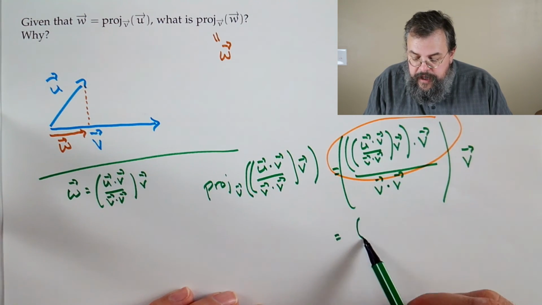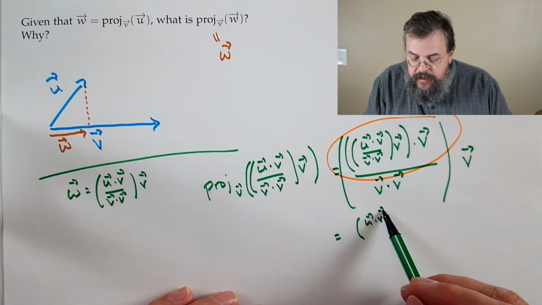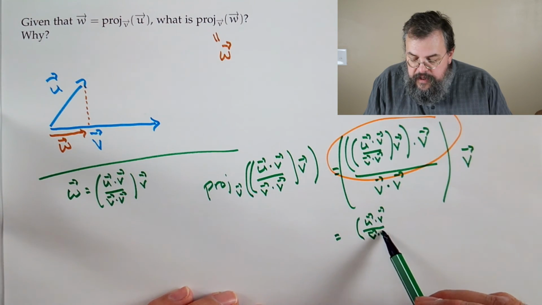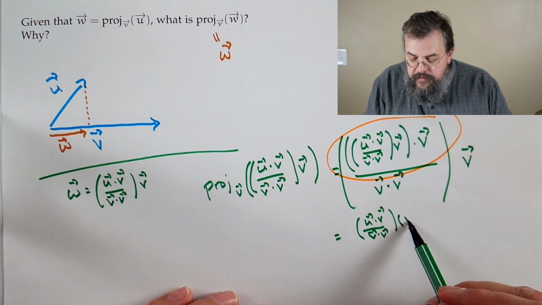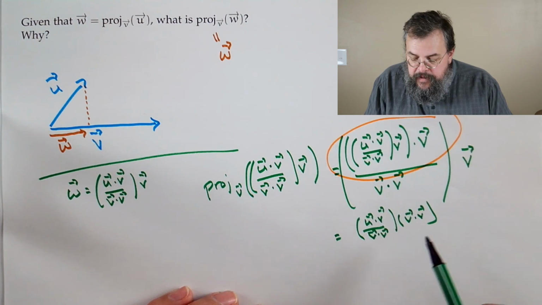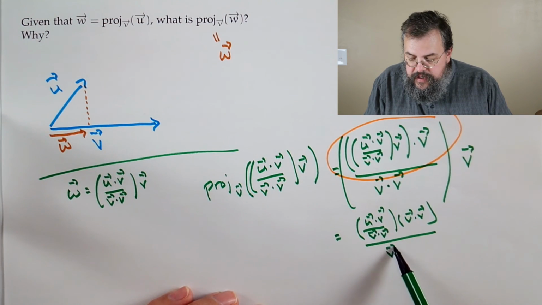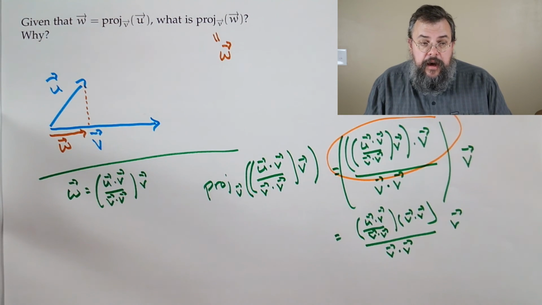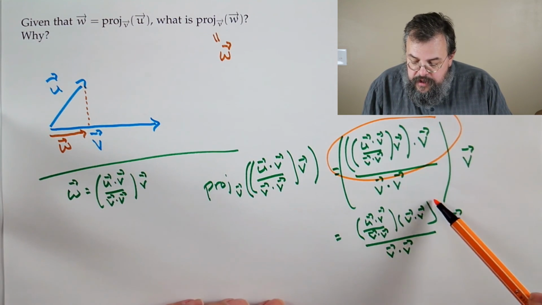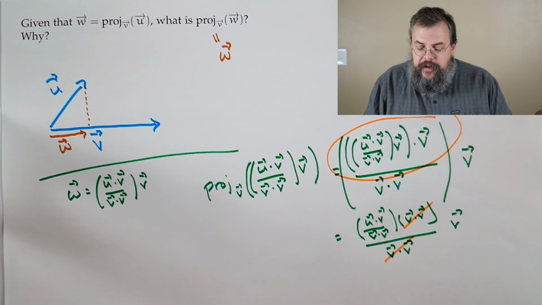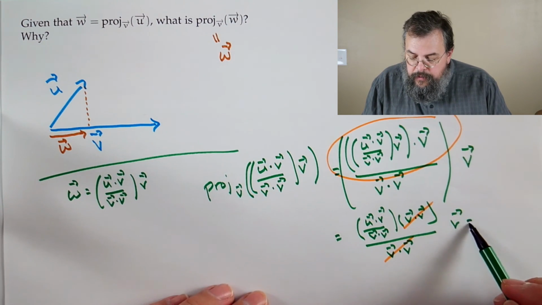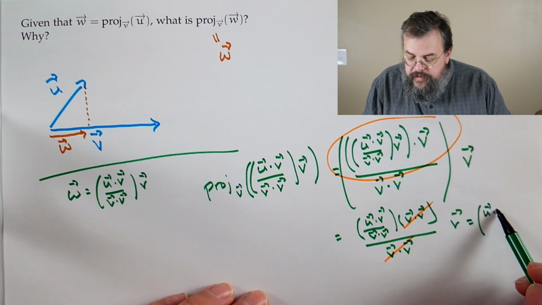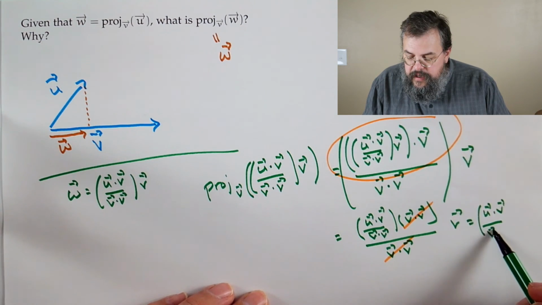So up in the numerator, it becomes u dot v over v dot v times v dot v. And then downstairs, I see a v dot v and times v. And now we say, aha, perfect. The v dot v's cancel. And what are we left with? Well, we're left with u dot v over v dot v times v.